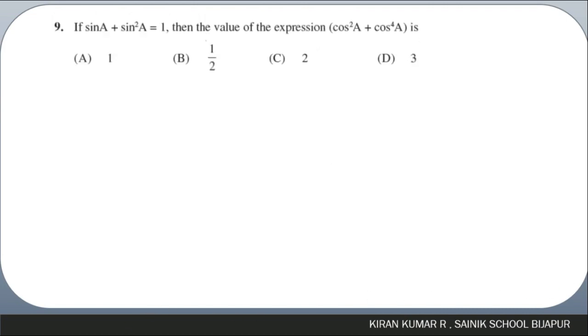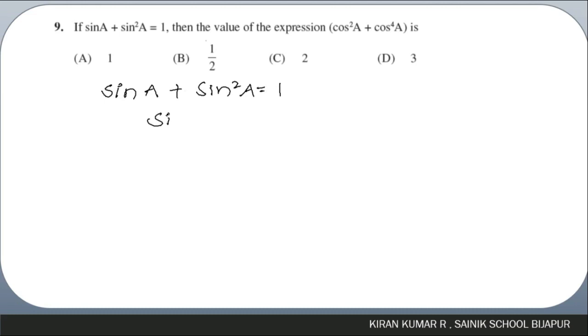Question number 9. If sin A plus sin square A equals 1, then the value of the expression cos square A plus cos to the power 4 A is. I'll write the given sin A plus sin square A equals 1.